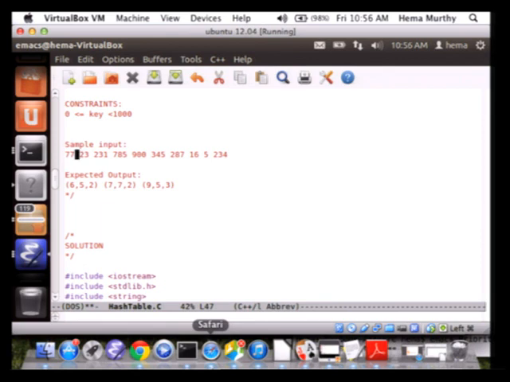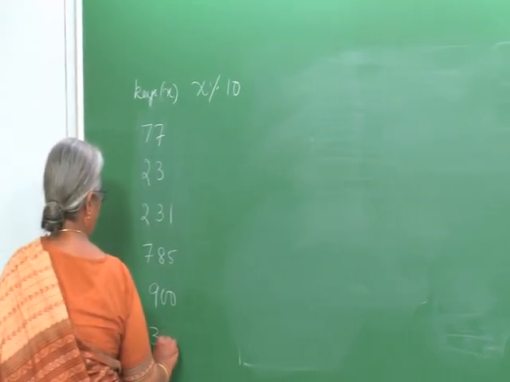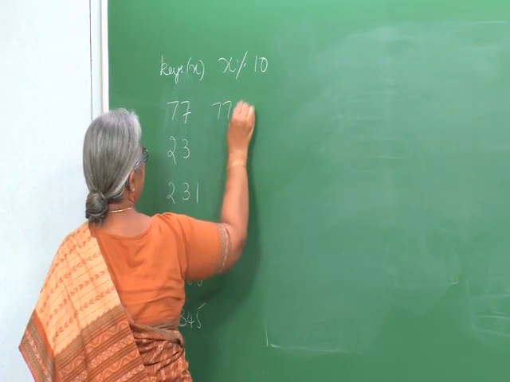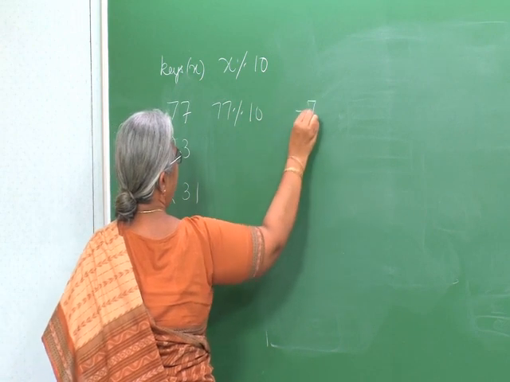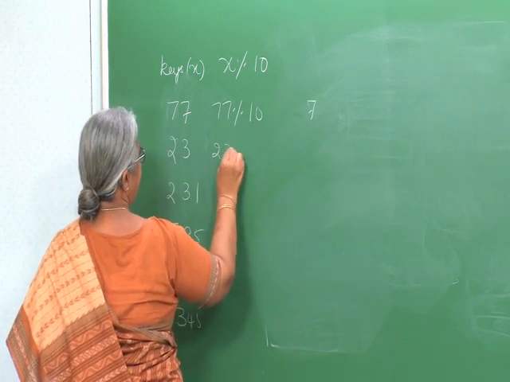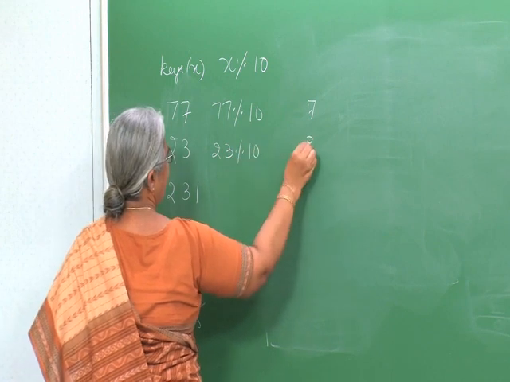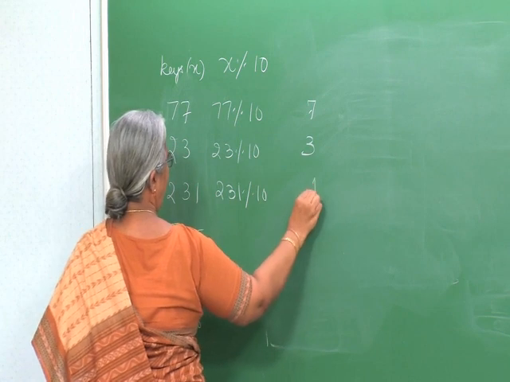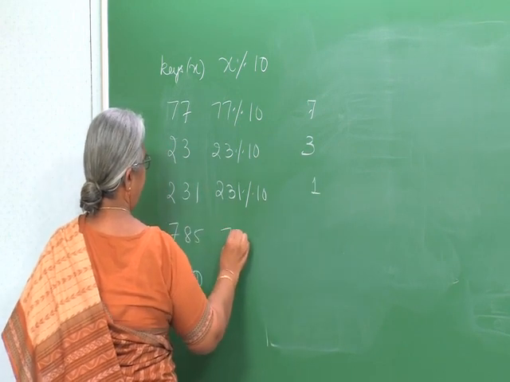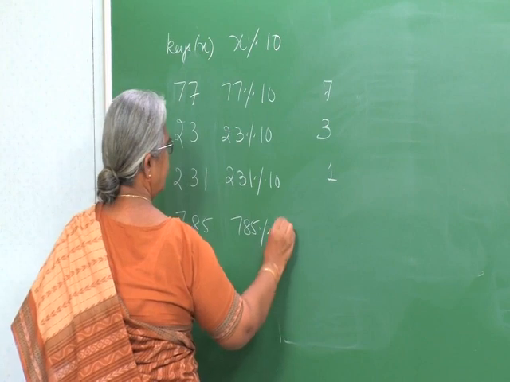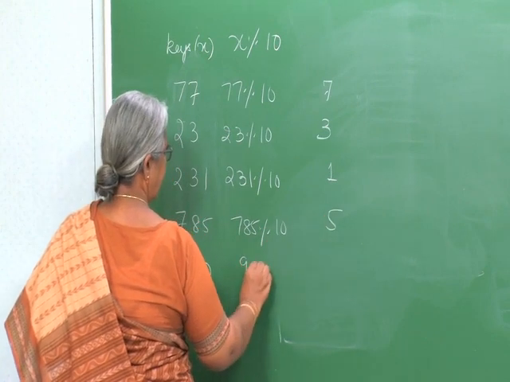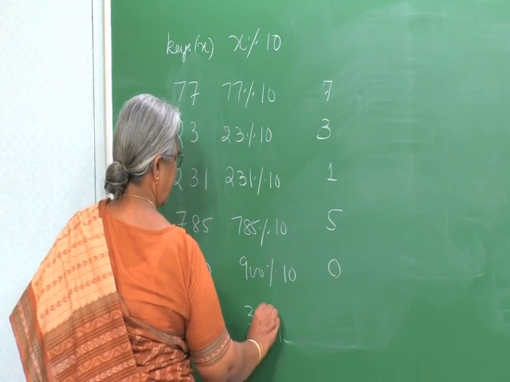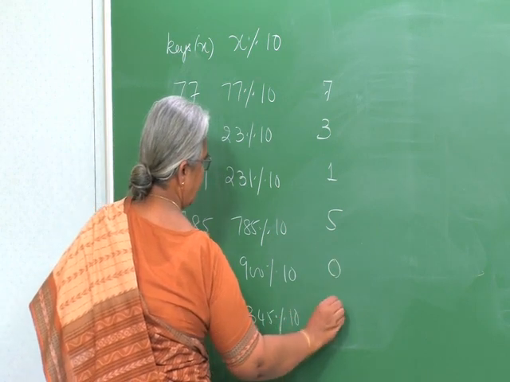So this is the key. What happens when you take 77 % 10? This gives you a value of 7. 23 % 10 will give you a value of 3. 231 % 10 gives you a value of 1, and 785 % 10 gives you a value of 5. 900 % 10 gives you a value of 0. 345 % 10 gives you a value of 5.